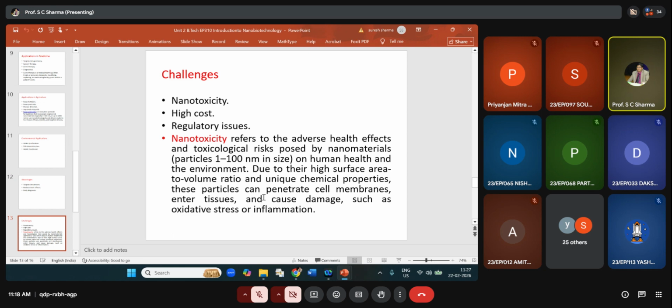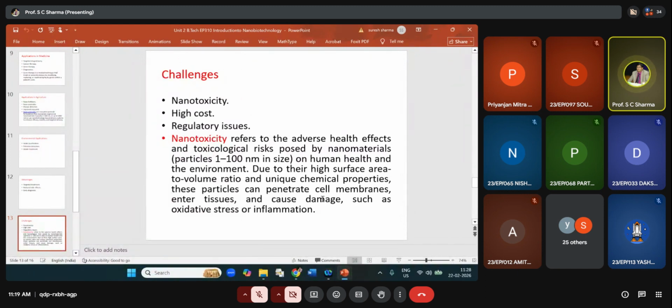Challenges in these years or in current years. Nanotoxicity. What is nanotoxicity? It refers to the adverse health effects and biological risks posed by nanomaterials, particles again of 1 to 100 nanometer in size, on human health and the environment due to their high surface area to volume ratio and unique chemical properties.